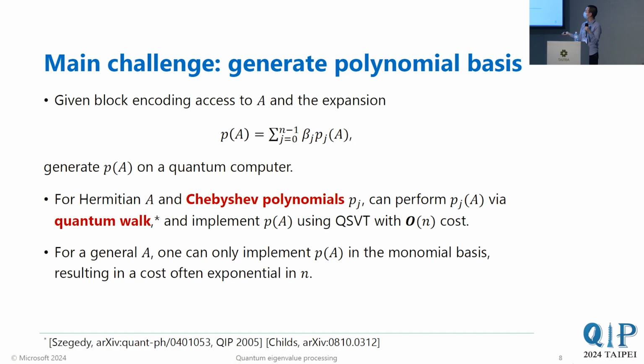For technical aspects, I think the issue here is that for QSVT, you can efficiently create Chebyshev polynomials, via quantum walk. The entire procedure is basically implementing some Chebyshev expansion of the function. That's easier to implement for Hermitian inputs. But for non-Hermitian input, the issue is that you want to find an efficient implementation of these Chebyshev polynomials. So that's the main point.